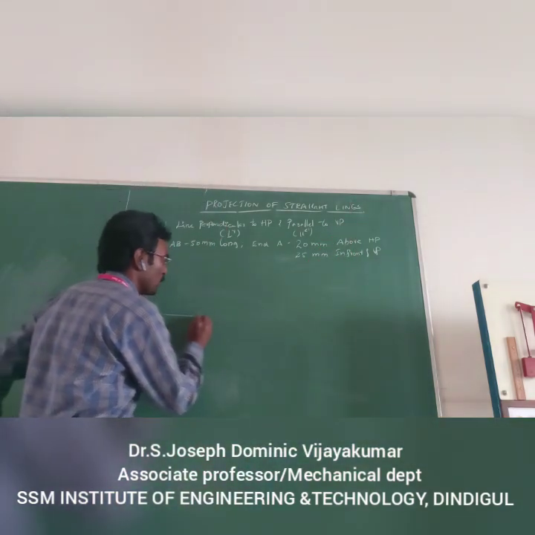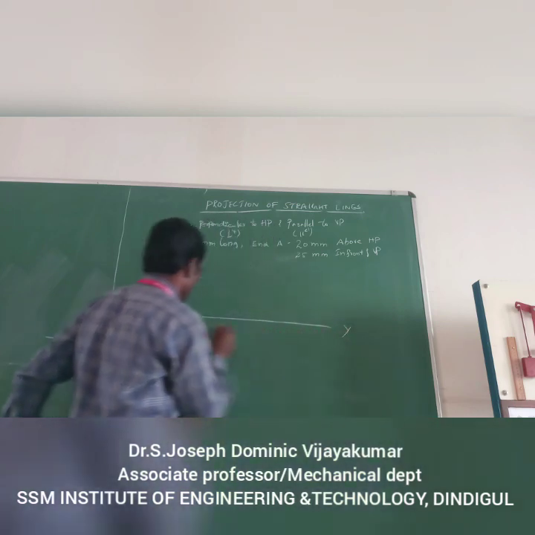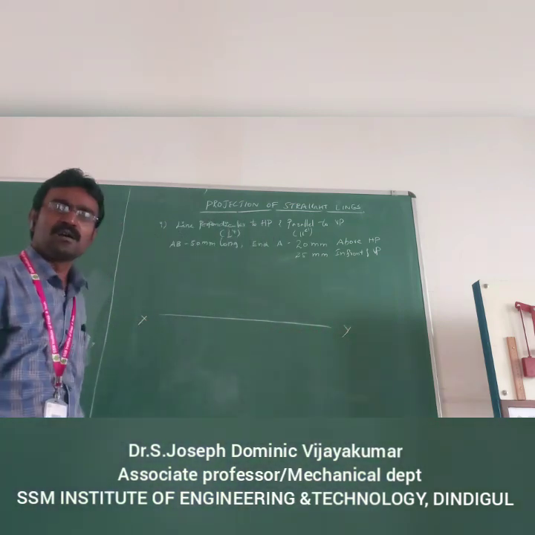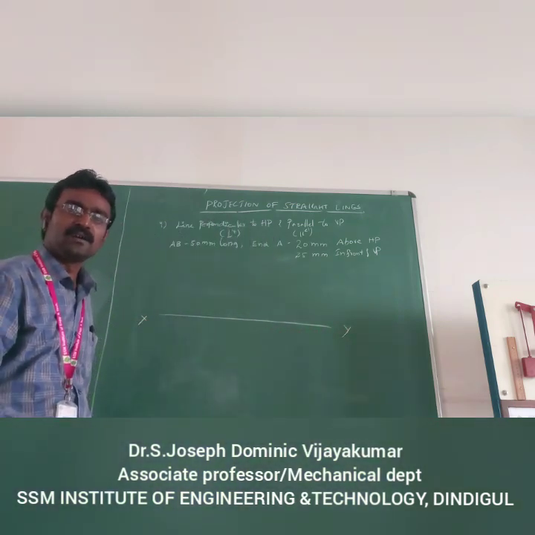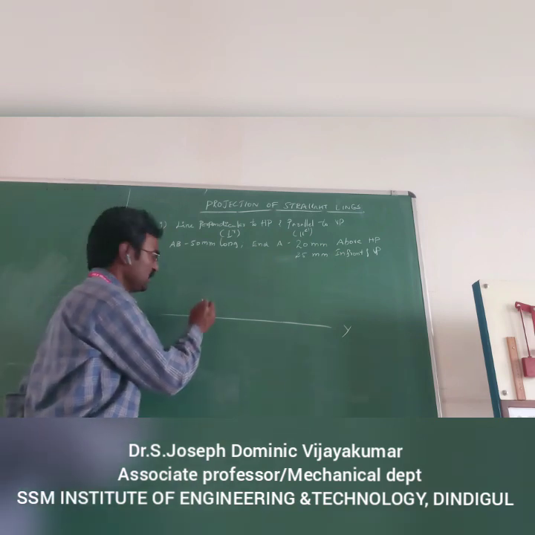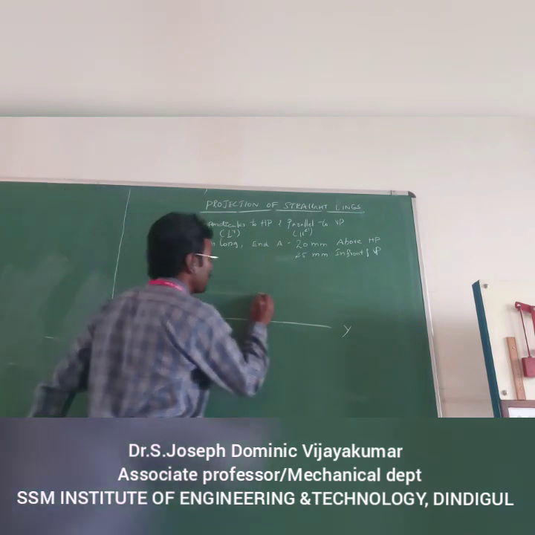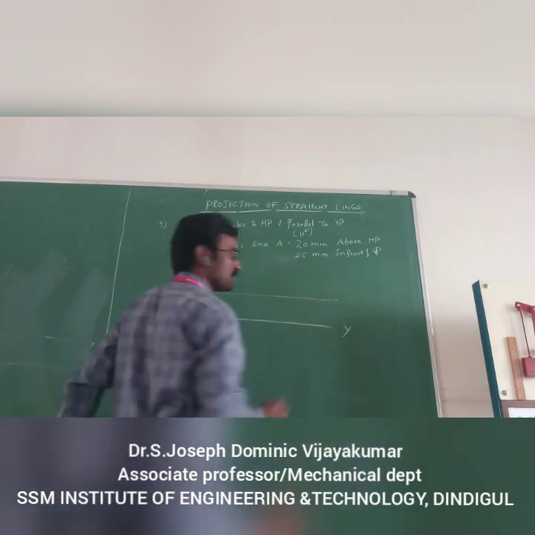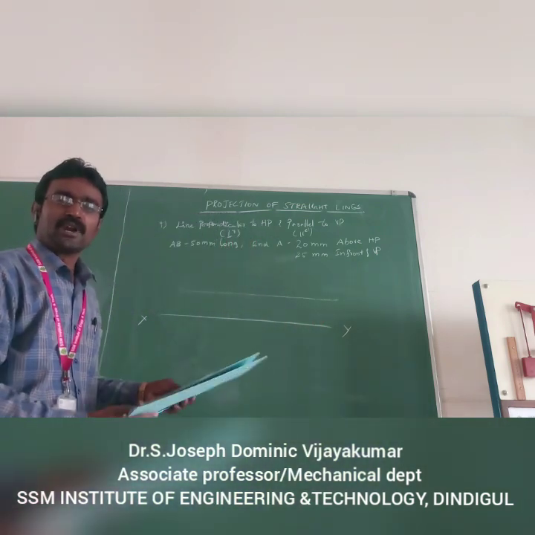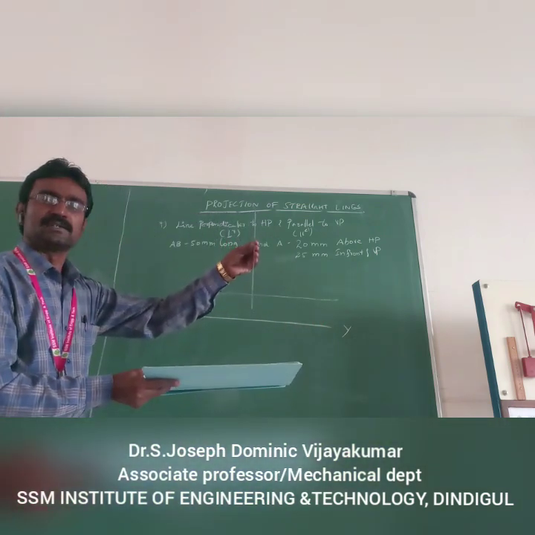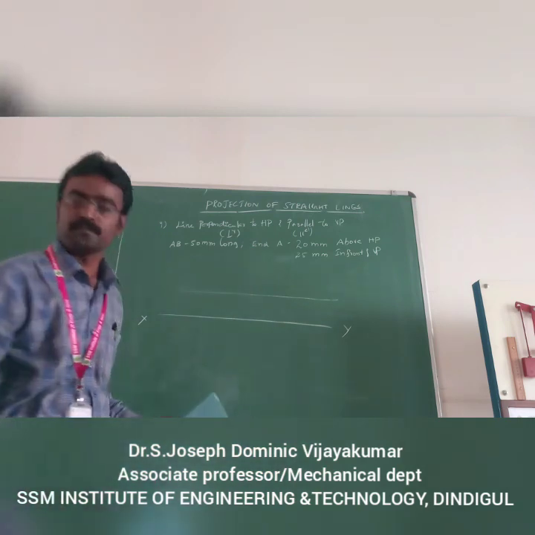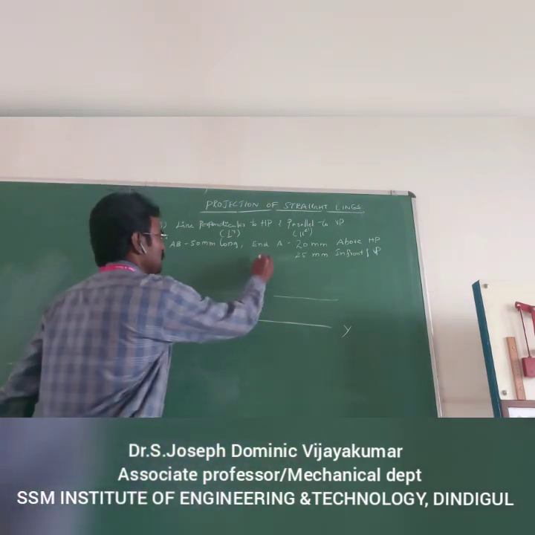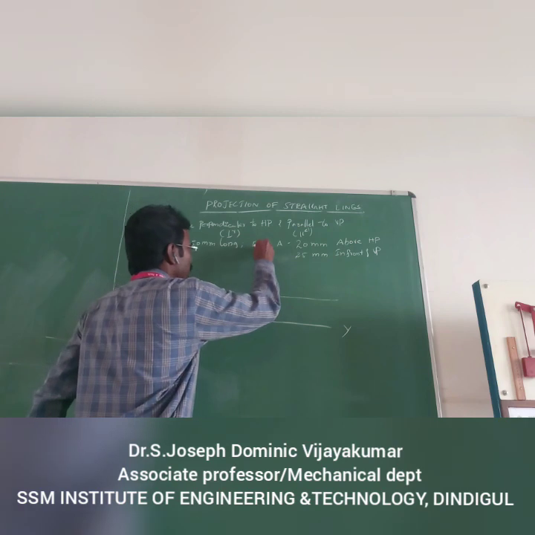So we draw the XY line. Apart from that, the location of the straight line is 20 mm above HP. In the front view, we attain the straight line. The straight line distance is 50 mm.